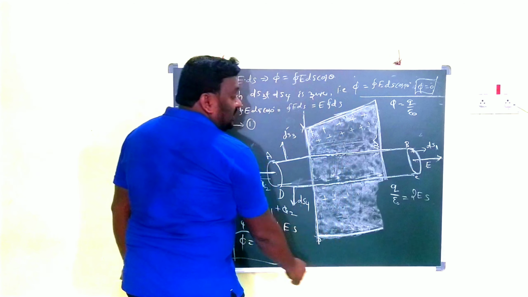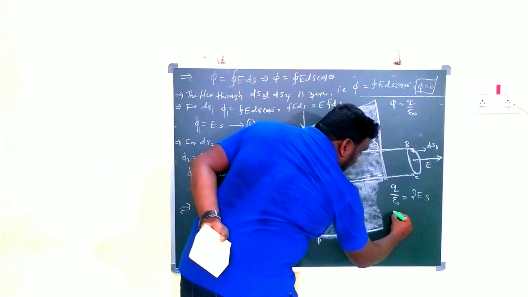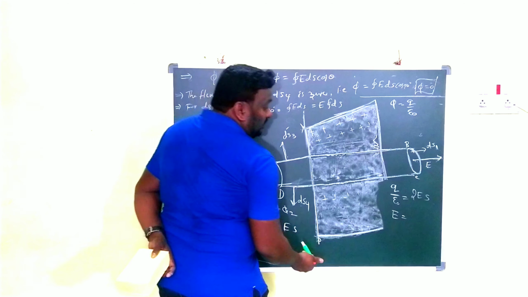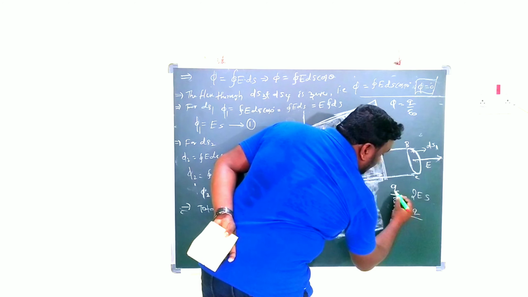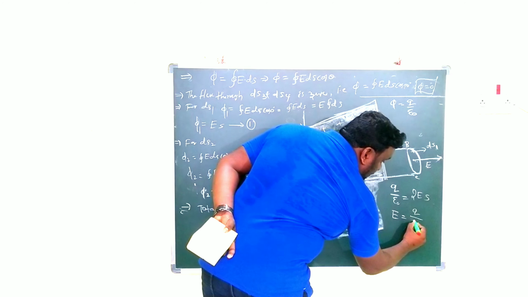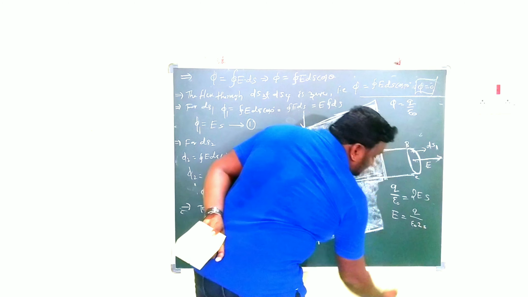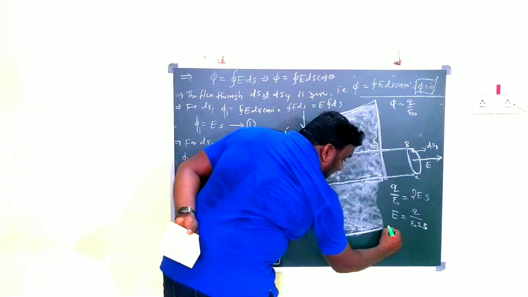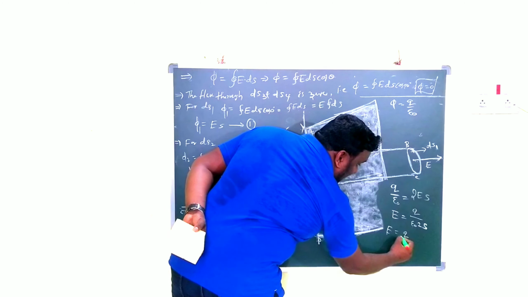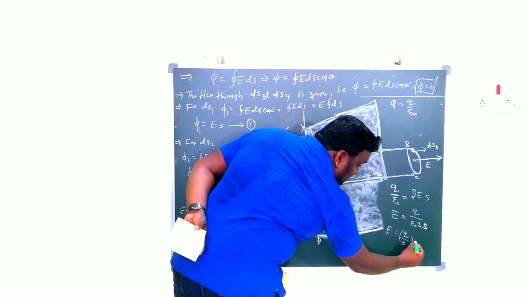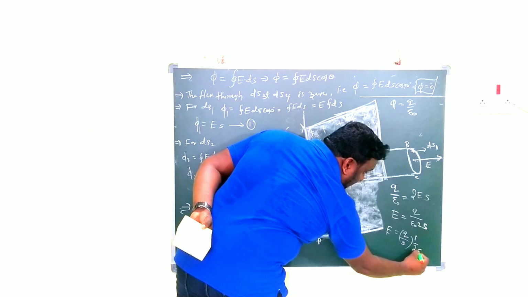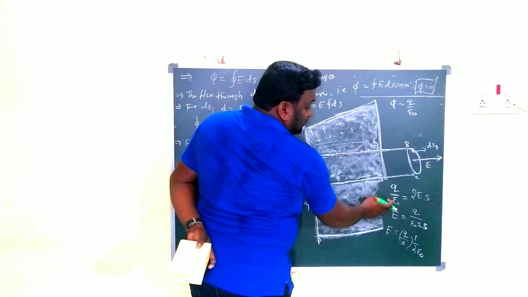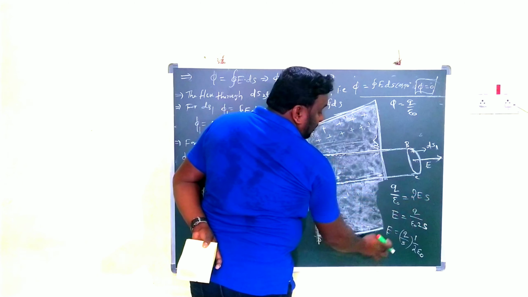So E is equal to Q by epsilon naught into 2S. That means E is equal to Q by S into 1 by 2 epsilon naught. Clear? Q by epsilon naught is equal to 2E into S. We want to derive for E only.